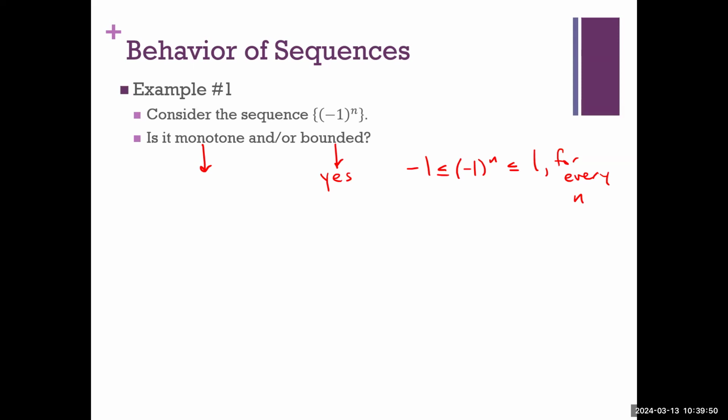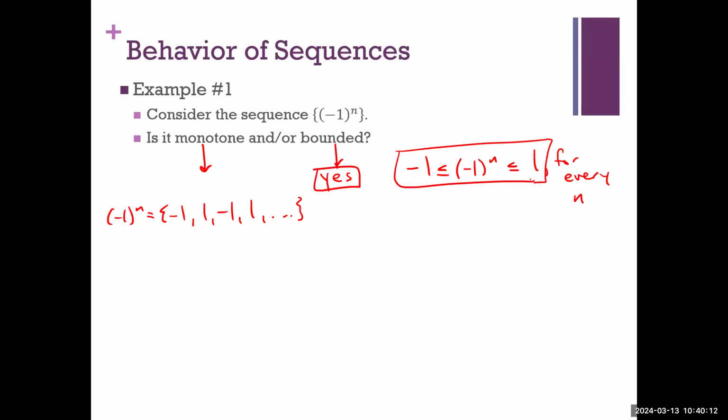I think that is true because this sequence, what does it look like? (-1)^n. What's the first term? -1, next term, and it just indefinitely oscillates back and forth, right? So yes, I believe it's bounded, and I believe it's bounded between -1 and 1.